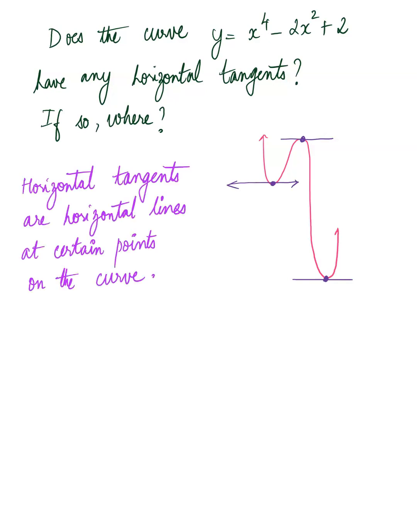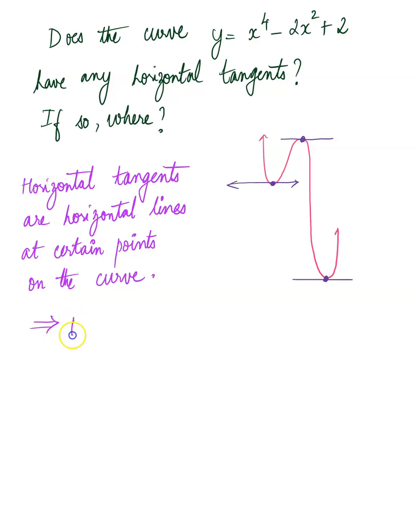As I mentioned before, horizontal tangents are horizontal lines at certain points on the curve. So if you look at this, you can clearly see that the slope of a horizontal line is always 0. So the horizontal tangent line at these points must have a slope that is 0. Let's write that.